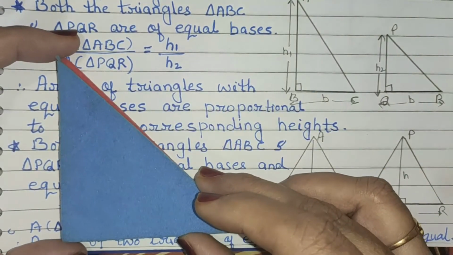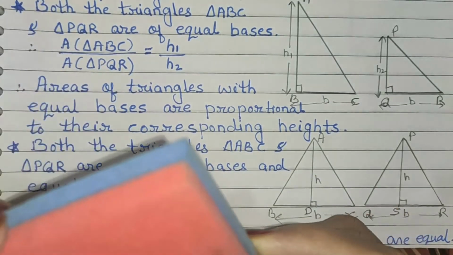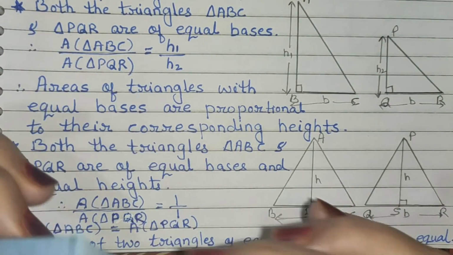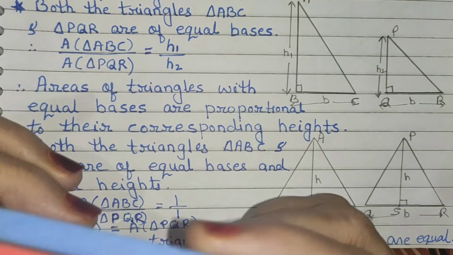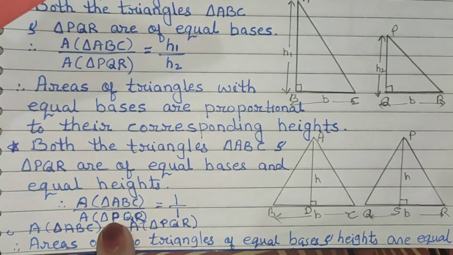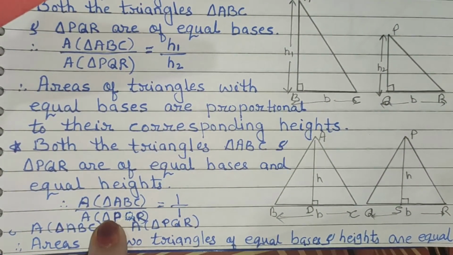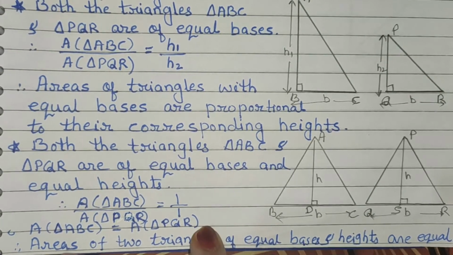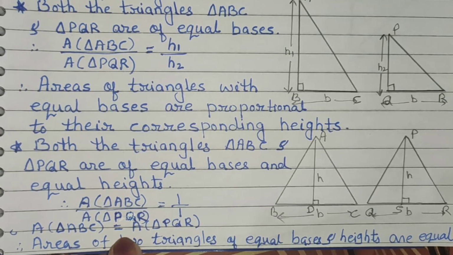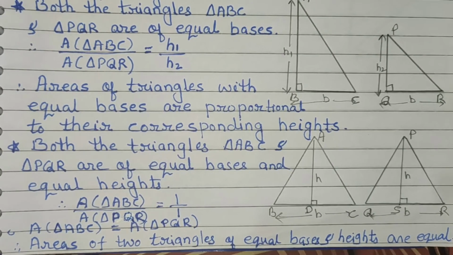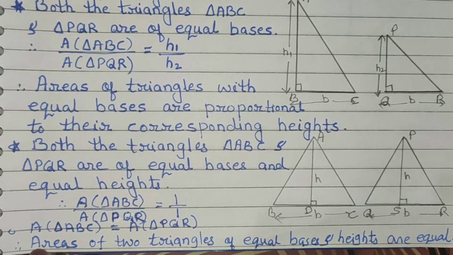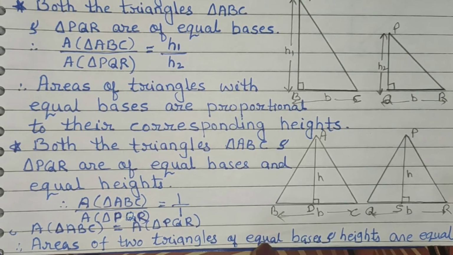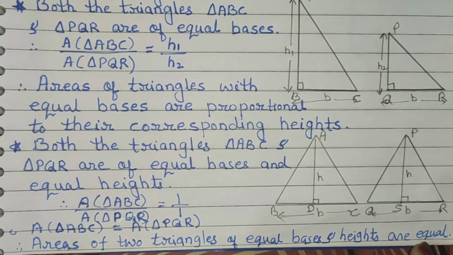Now both triangles are equal. Therefore their areas are also equal. Therefore we can write here area of triangle ABC upon area of triangle PQR is equal to 1/1. Therefore area of triangle ABC is equal to area of triangle PQR. Therefore, areas of two triangles of equal bases and heights are equal.